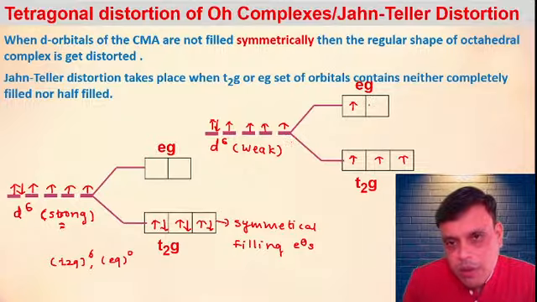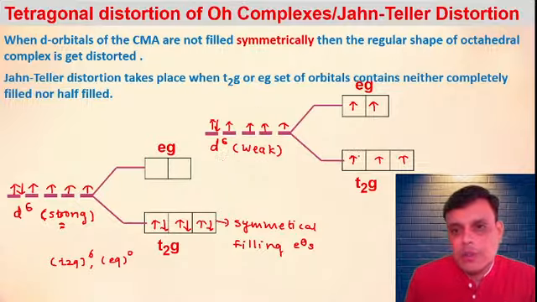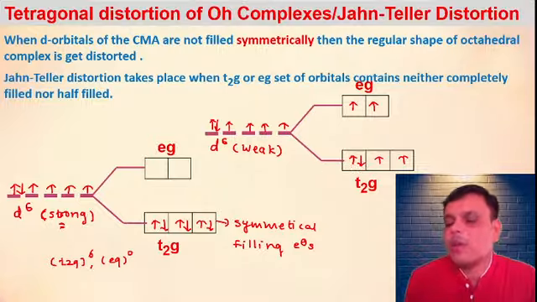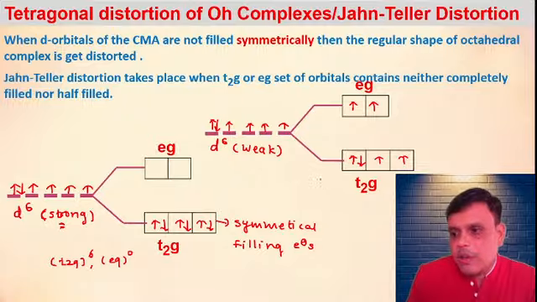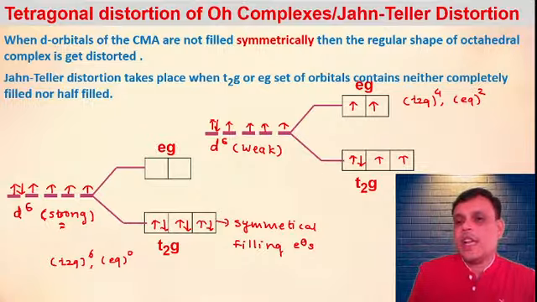The fifth electron will also go into the eg orbital. Then the sixth electron goes again into the t2g orbital. So the electronic configuration will become t2g4 eg2.